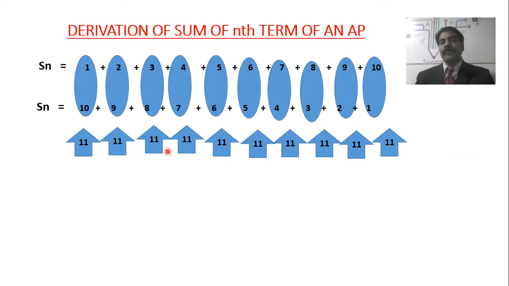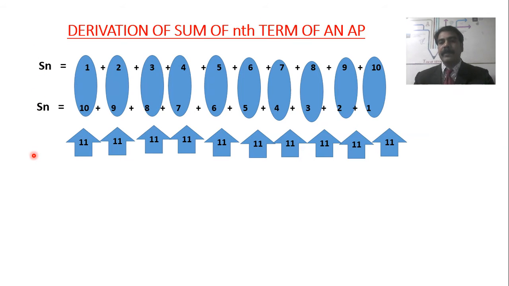Is that clear? Now how many times is this 11 present there? Obviously, 10 terms are there, 10 natural numbers, so 11 is also present 10 times. Meaning 11 is multiplied by 10, which gives us 110 on the right hand side of the equation. On the left hand side there are 2 times Sn, since the sum of natural numbers is given 2 times.